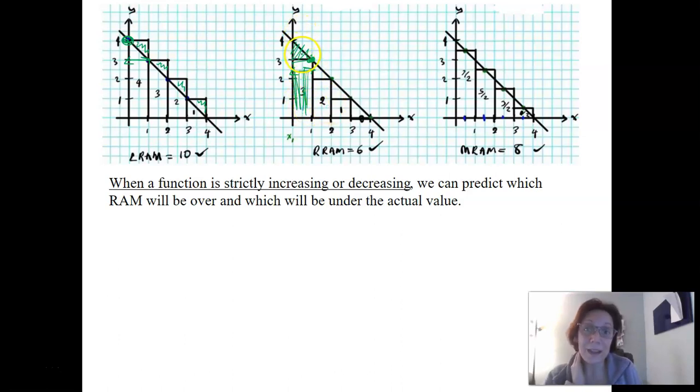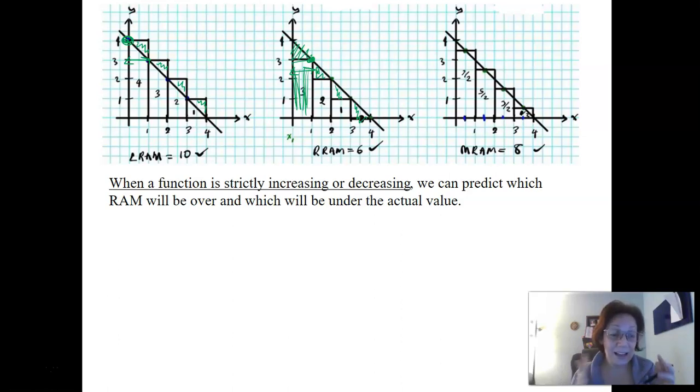And I'm going to be leaving out space. Look, I left out all this space. So if you have a decreasing function, lining up on the right is going to cause it to be too low. And notice MRAM, it's a happy little compromise.